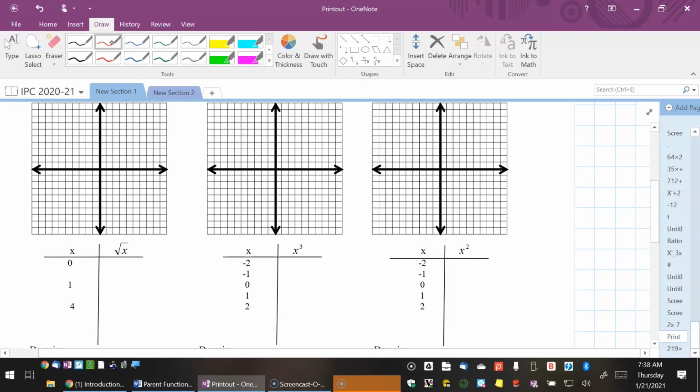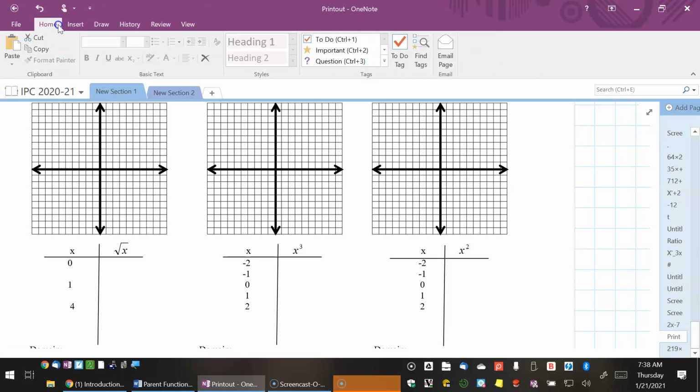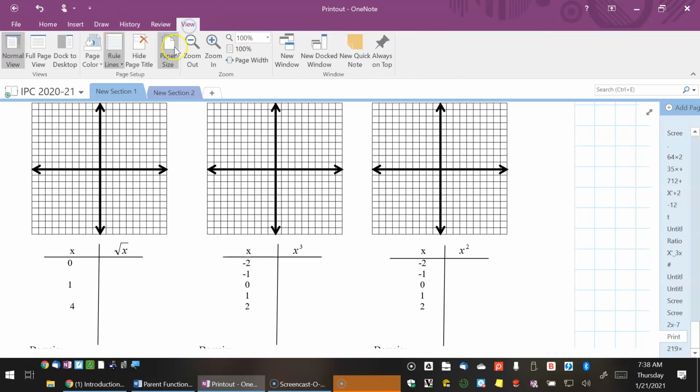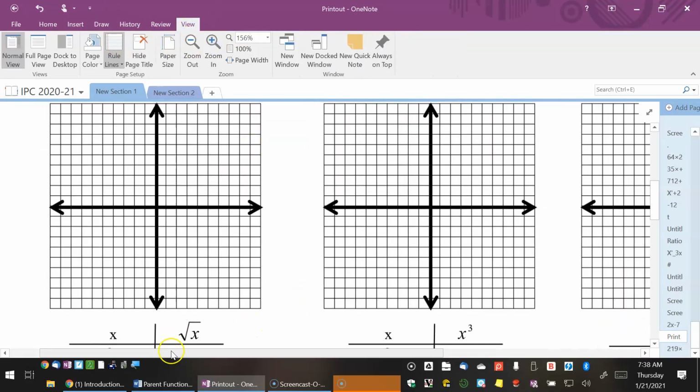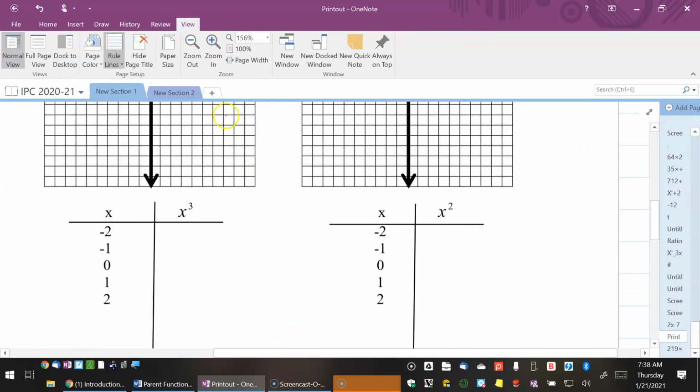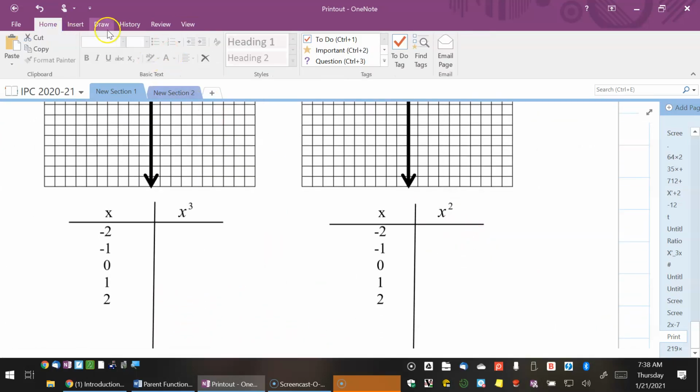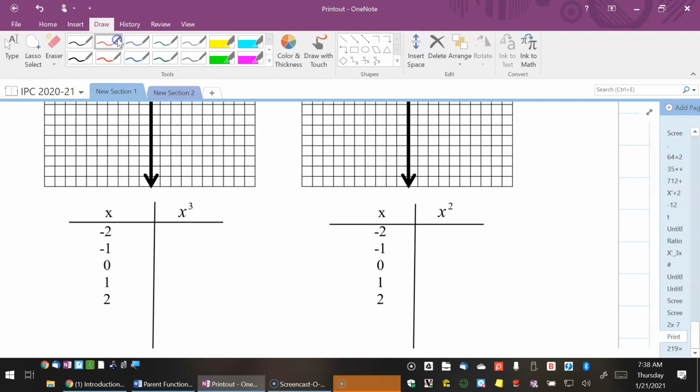So let's suppose that x, let me zoom in here. I don't have a keyboard, so I have to use the slider. There we go. Let's suppose that x is negative 2. What is negative 2 squared? Thank you. 4.